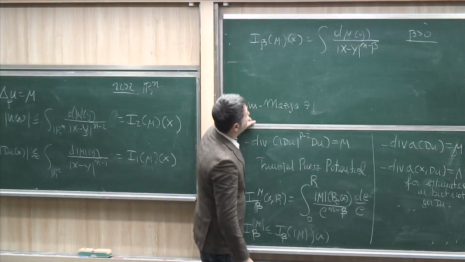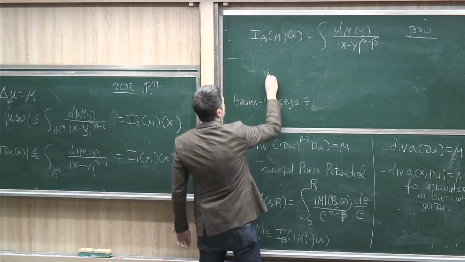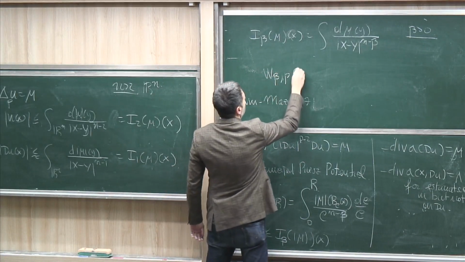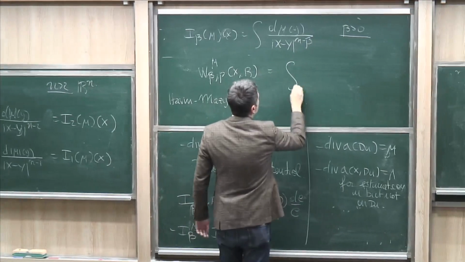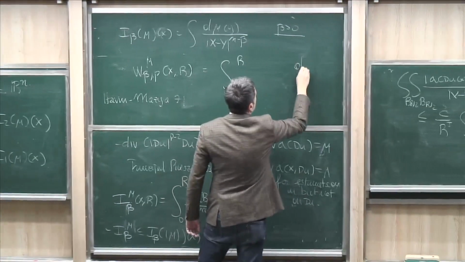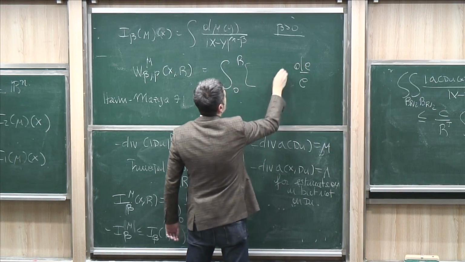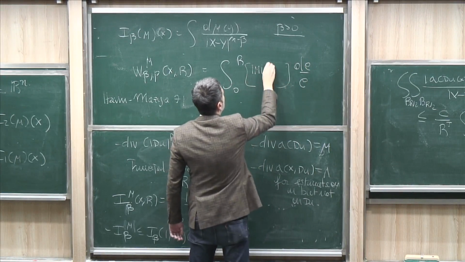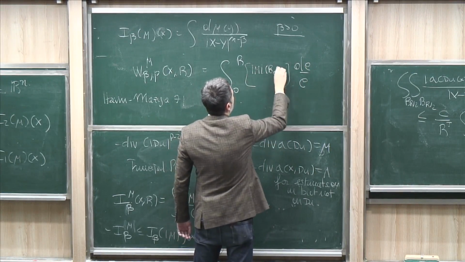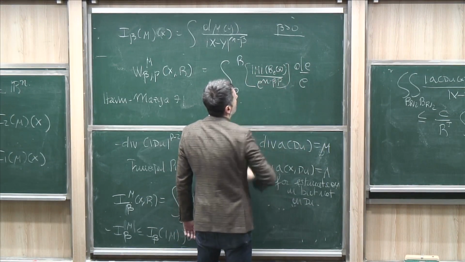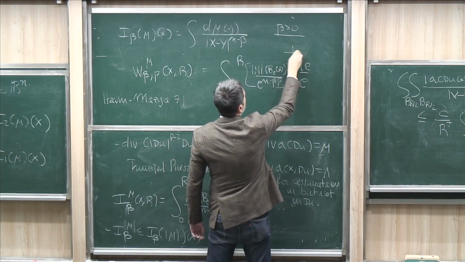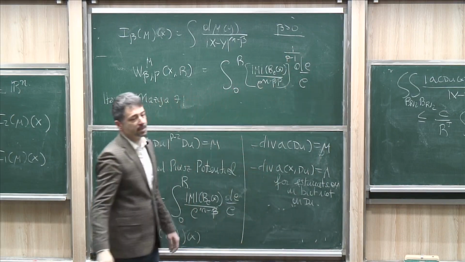Okay, what are Wolff potentials? Wolff potentials are defined similarly. You get the usual story, integral from 0 to R of rho, so that's the heart measure, you get μ(B_rho(x)) over rho^(n minus beta p), and you just correct it with the power 1 over p minus 1, which is the deficit scaling of the equation.